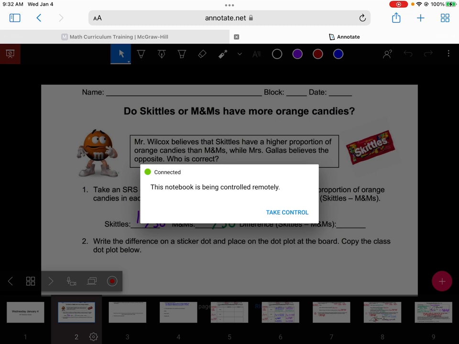Check my count. And then count the proportion for the orange M&Ms. Pop those into your calculator so that you have a decimal as well.